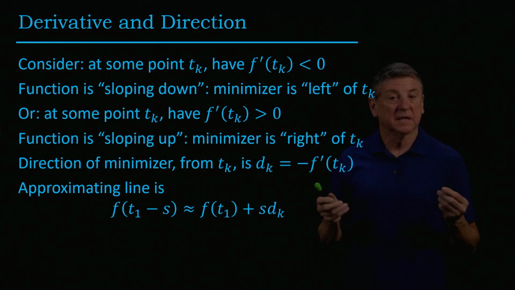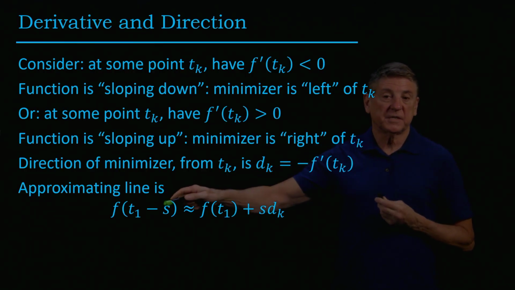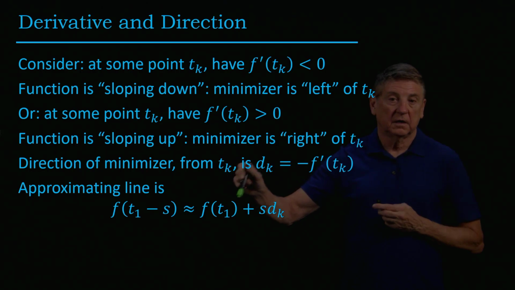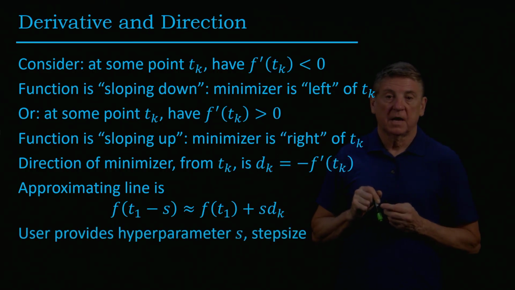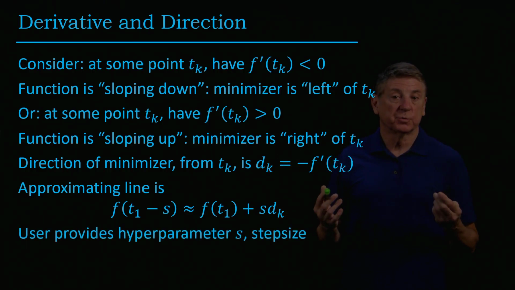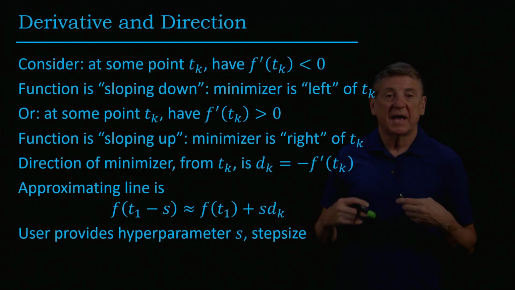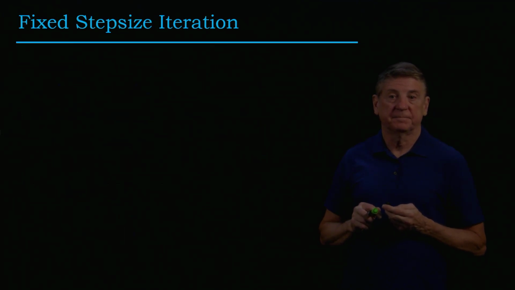The approximating line is then exactly what we said, which is the function evaluated at our current point plus a multiple of the direction. And what we ask is the user provides this hyperparameter s, which we call step size, and in neural networks this is often represented as the Greek letter eta.